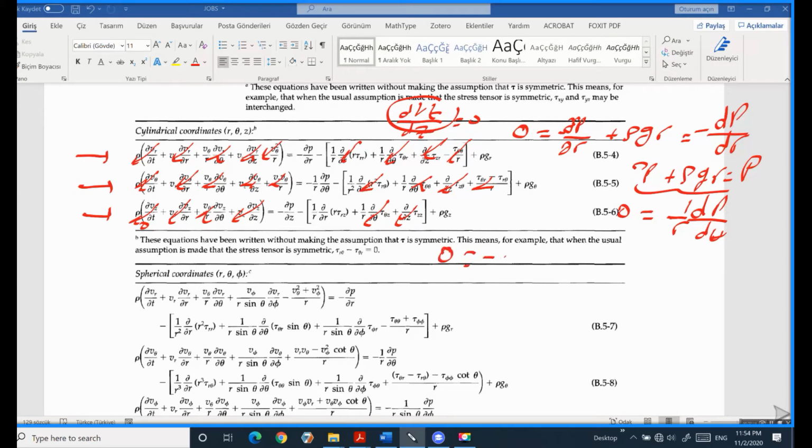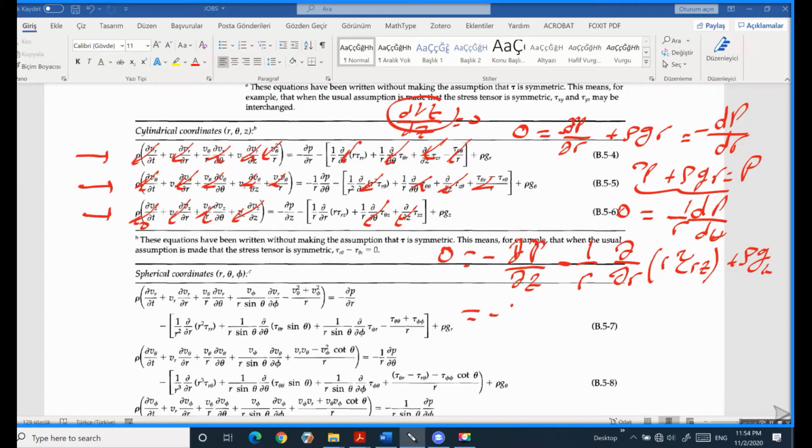At the right side, we have obtained the partial derivative of pressure with respect to z, and minus 1 over r partial derivative of r times the viscous force in the z direction perpendicular to the r direction, plus rho g z.